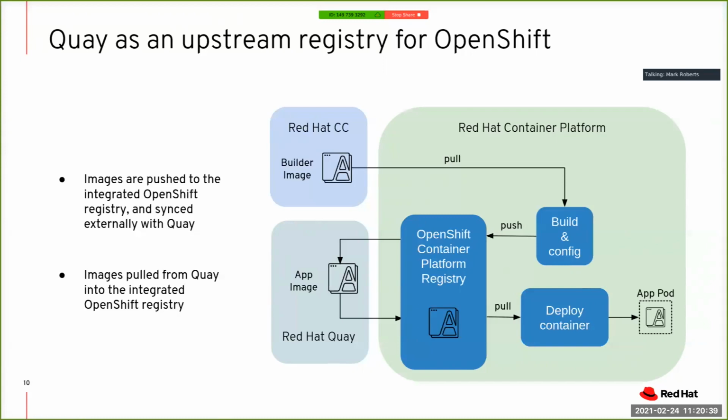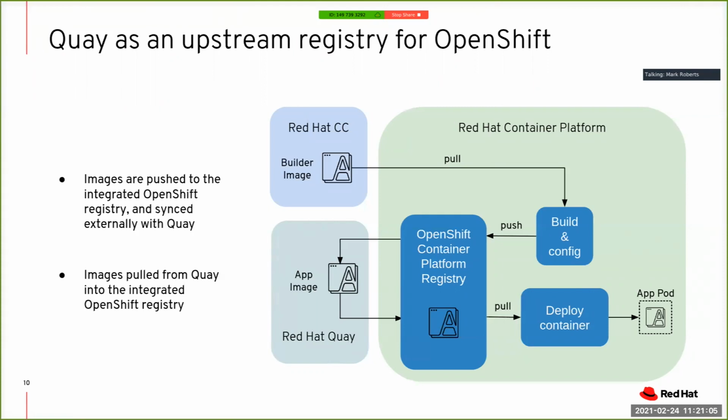Now we're going to pull one of those into the Red Hat container platform to use as part of a build process. We're then going to go through a build and configure process, and we're going to push the resulting new container image into the OpenShift container platform registry. Every project will have a number of image streams that are used to store new images that are produced by the build process directly running on OpenShift.